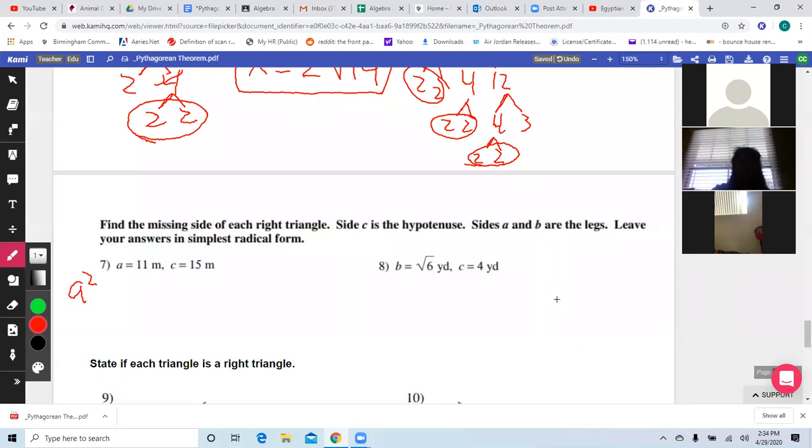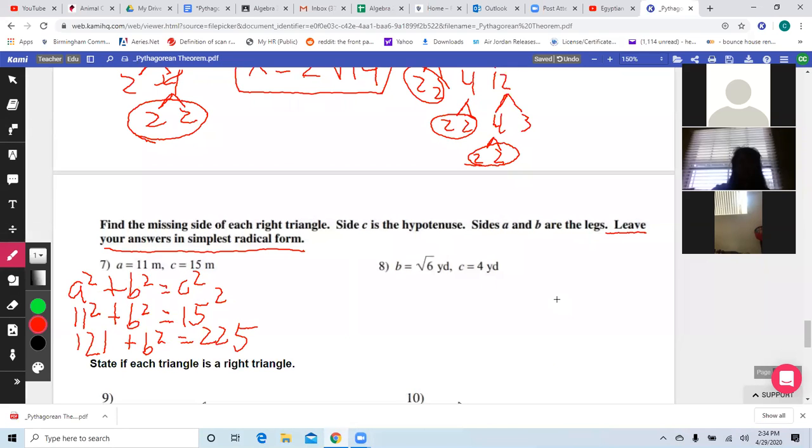So once again, if you leave your answers in simplest radical form, you have to do the factor tree. So I have 11 squared plus b squared is equal to 15 squared. This is 121. 15 squared is 225.